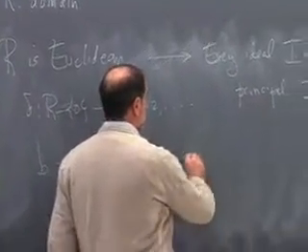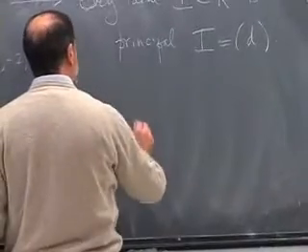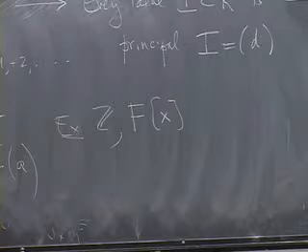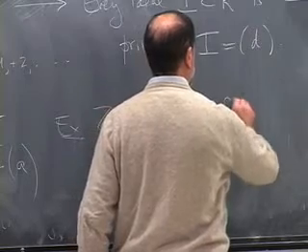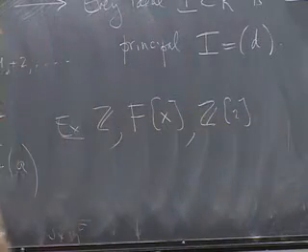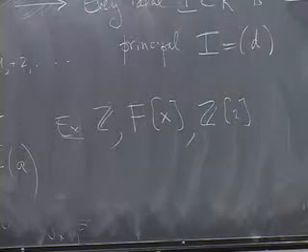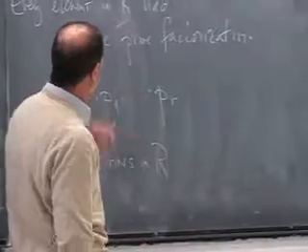So the examples of Euclidean rings, of course, the integers, that's where it started. We showed that polynomials over a field were Euclidean, where this function was the degree of the polynomial. And then we showed at the end that the Gaussian integers were Euclidean, so every ideal is principal, and we had this factorization. Next time, we're going to look more closely at what the primes in the Gaussian integers are.